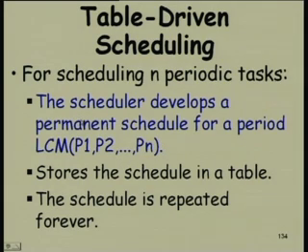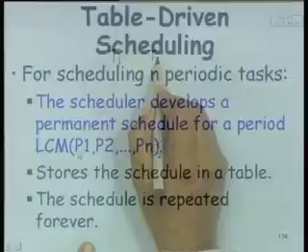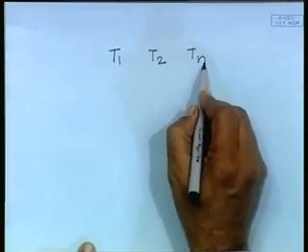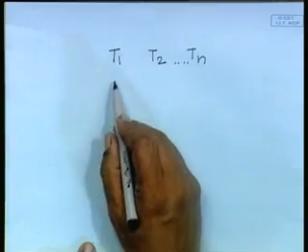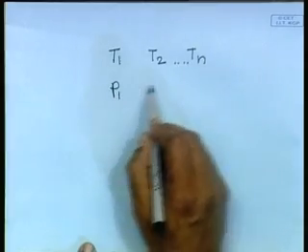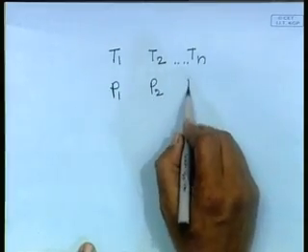See, each task, n periodic tasks, let us say T1, T2, Tn, and their corresponding periods are P1, P2, Pn.